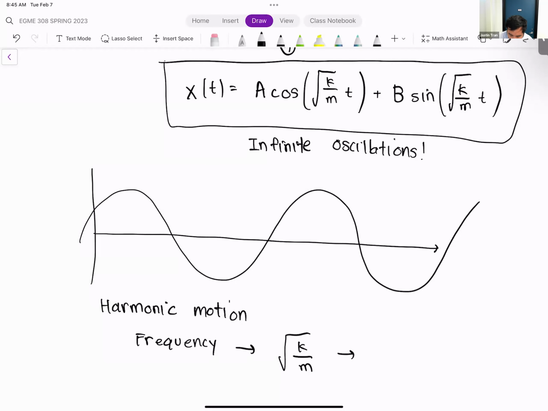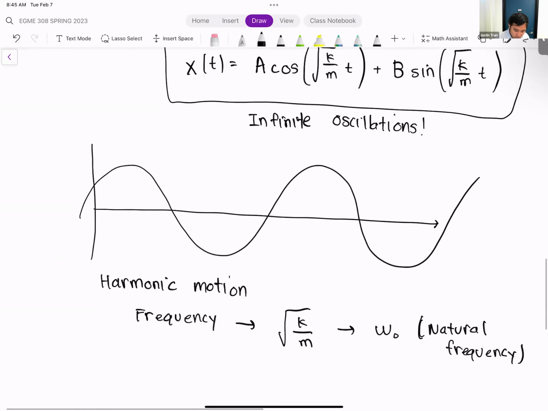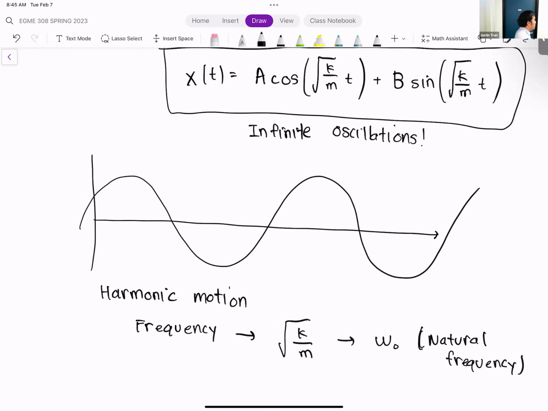And oftentimes we call this omega naught, which is called the natural frequency. We'll talk more about natural frequency on Thursday, and we'll talk about the idea of resonance.